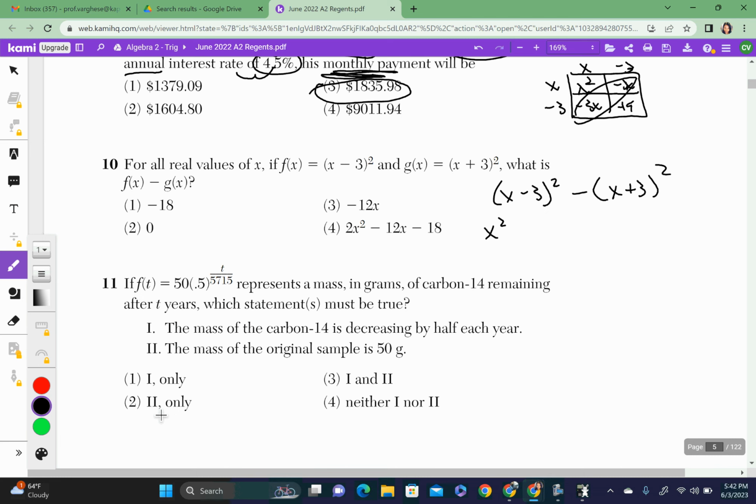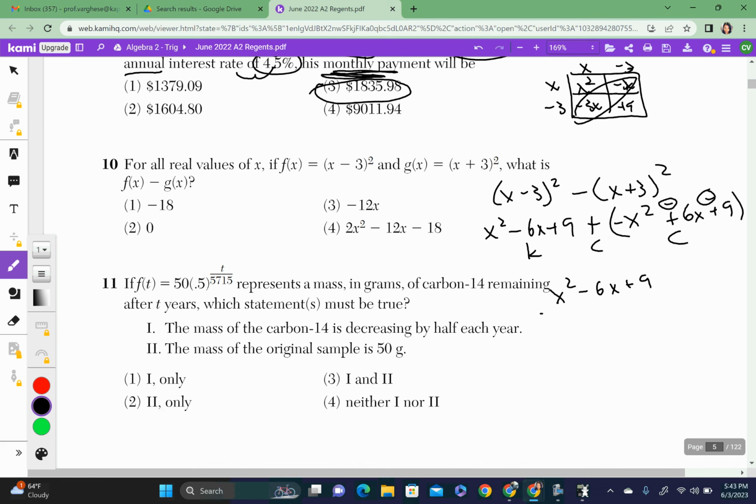So these add up to be x squared minus 6x plus 9 minus, and then I'm going to do the same thing here. So this is going to be x squared plus 6x plus 9, and we are subtracting. When we subtract, the rule is keep, change, change. So I'm going to keep that first fraction, minus 6x plus 9, and from it, this is going to change, this is going to change, and this is going to change.